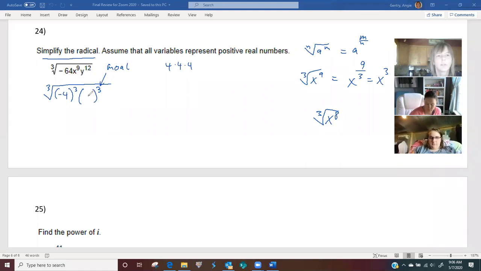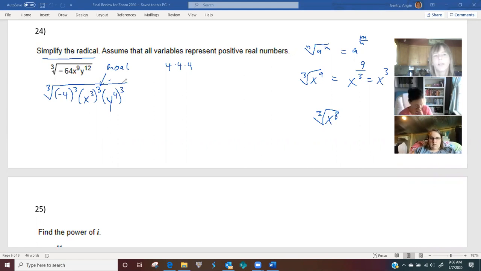Well, if I have x to the 9th, I have no choice but to put an x cubed inside. See? 3 times 3 is 9. And then you have the goal of a 3. And then we have a y to the 4th because 4 times 3 is 12.